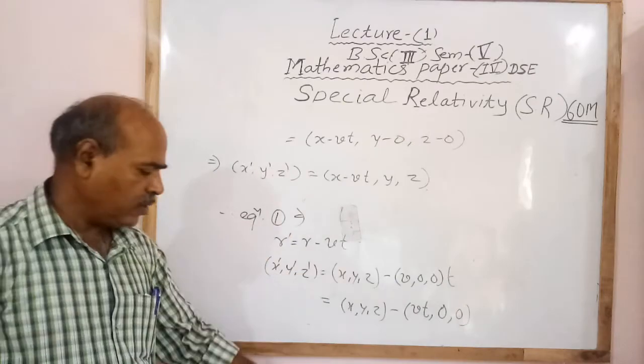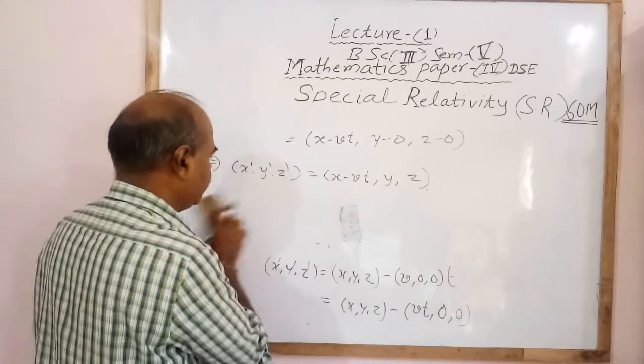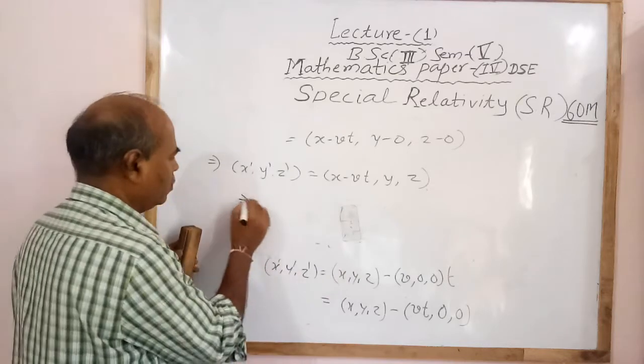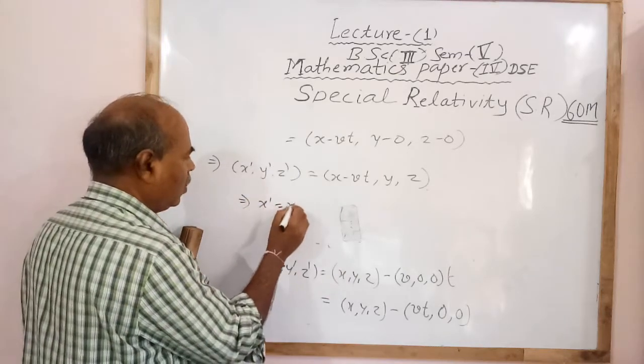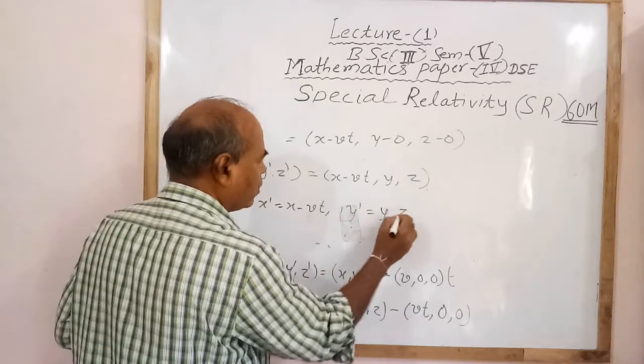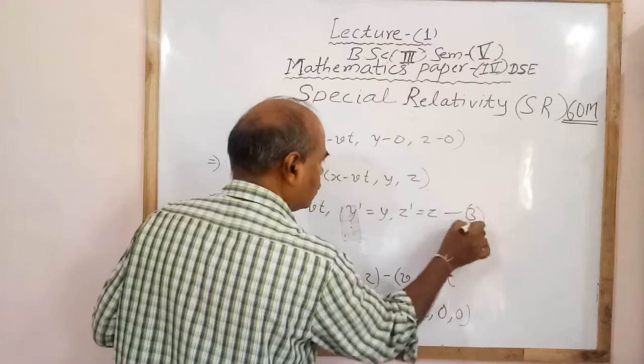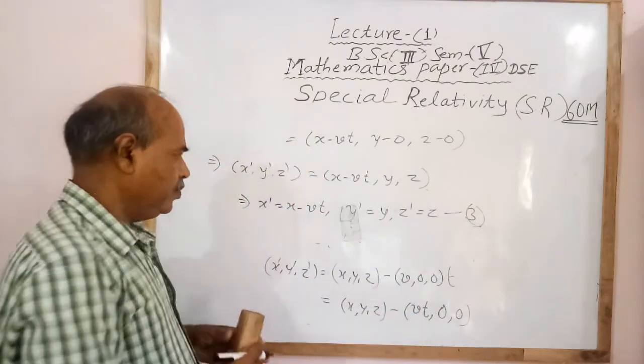Then equating the corresponding quantities, we get x dash equal to x minus vt, y dash equal to y, and z dash equal to z. Equation 3.